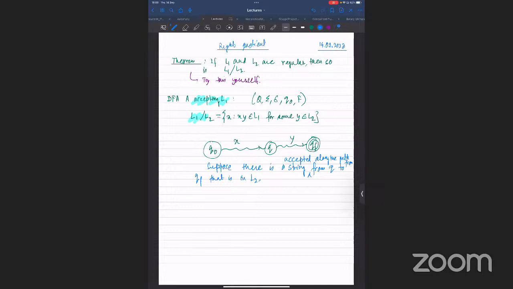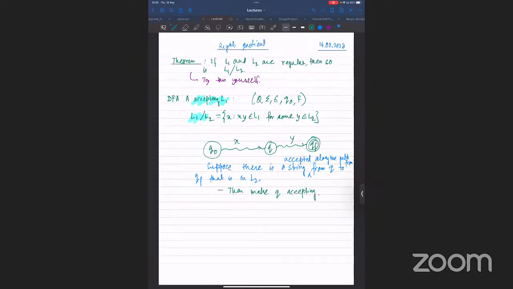Then what would you like to do? You would make Q accepting. Very good. Correct?